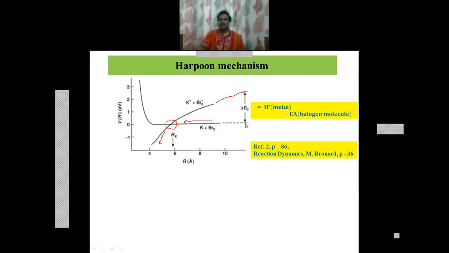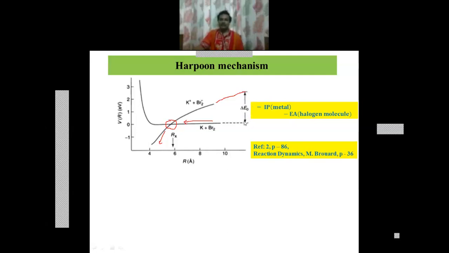This is the difference between the ionization potential of the metal, meaning the energy required to remove one electron from potassium, minus the electron affinity of the halogen molecule Br2, meaning the energy released after a bromine molecule accepts this electron. This difference is delta E0. Now, this energy is basically the endothermicity.